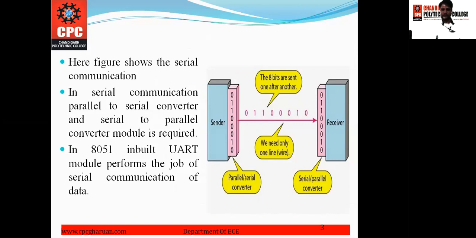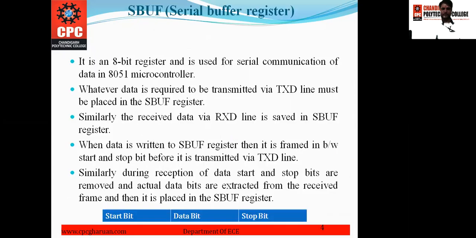And before that operation we have to convert the parallel data into serial mode, and when data is received at the receiver, this serial data has to be converted again into parallel form. This conversion from parallel to serial at the transmitter and serial to parallel at the receiver is achieved by the UART, that is the universal asynchronous receiver transmitter.